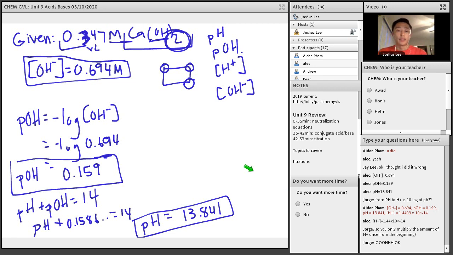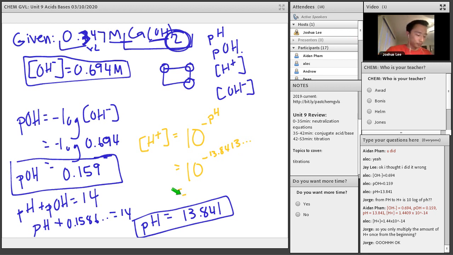Then the last step is to find the H plus, and that's going to be 10 to the power of the negative pH. So this would be 10 to the negative 13.8413... And if we do that, we get 1.44... How many figures? 1, 2, 3, 4, 5. 0, 9.